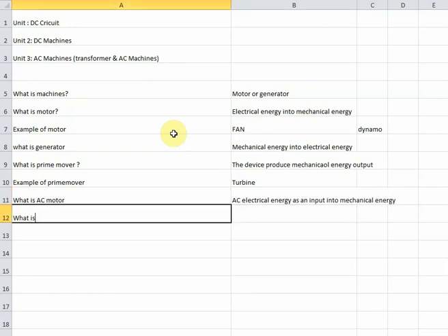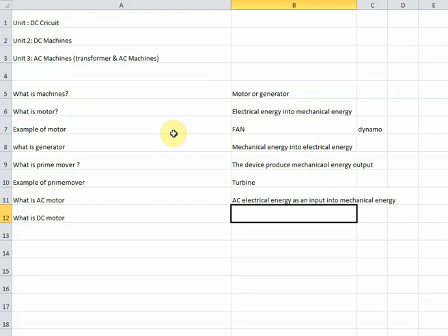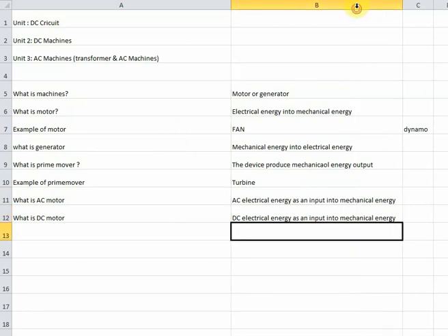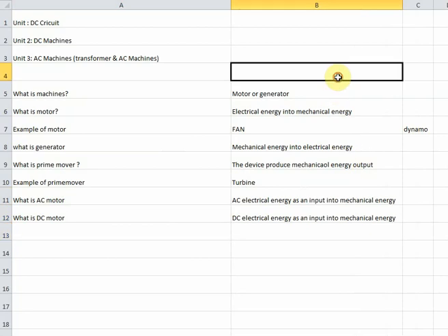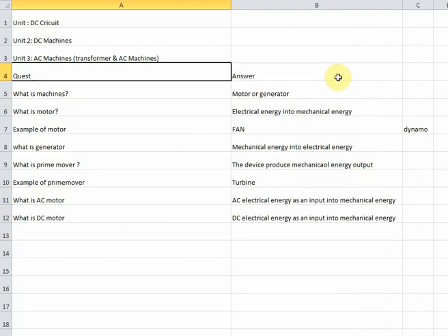Similarly, what is a DC motor? Same answer: DC electrical energy as an input into mechanical energy. So this is the answer, this is the question.